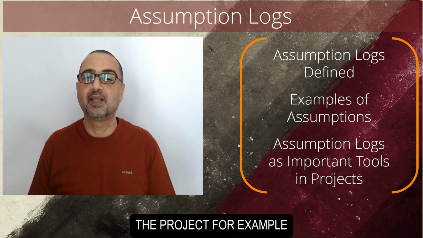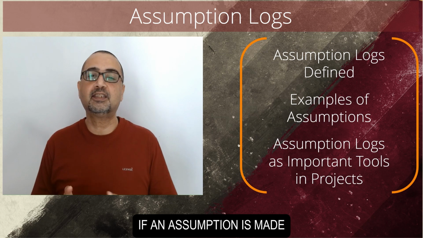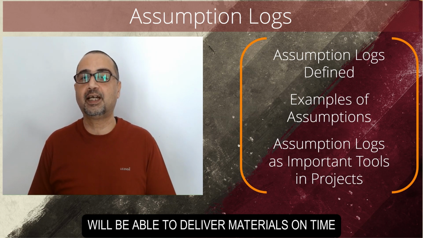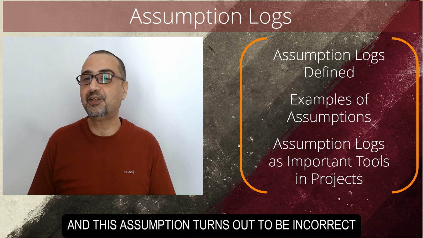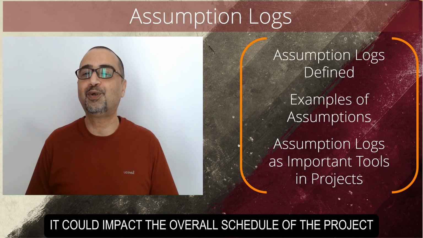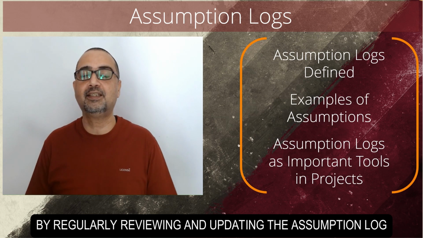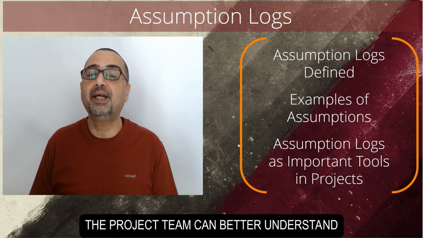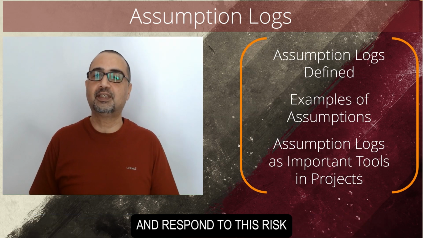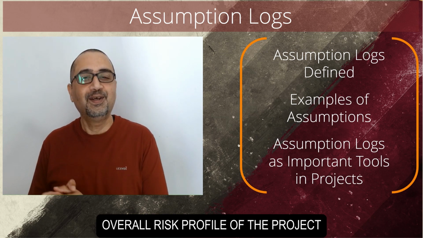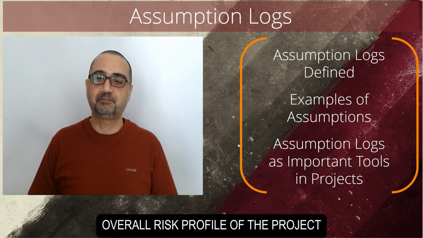For example, if an assumption is made that a particular vendor will be able to deliver materials on time and this assumption turns out to be incorrect, it could impact the overall schedule of the project. By regularly reviewing and updating the assumption log, the project team can better understand and respond to this risk, which can help to reduce the overall risk profile of the project.